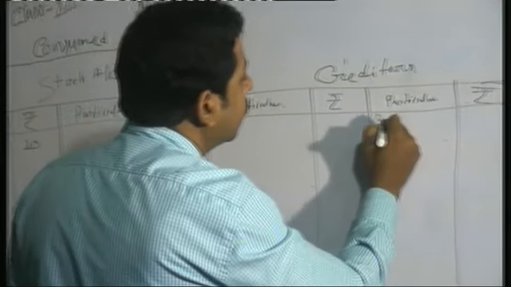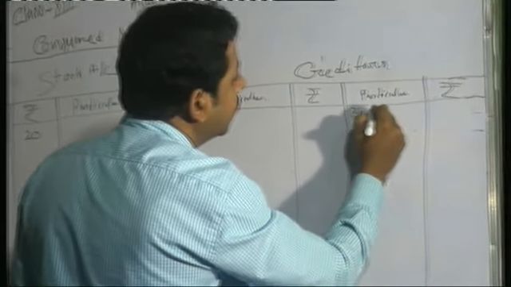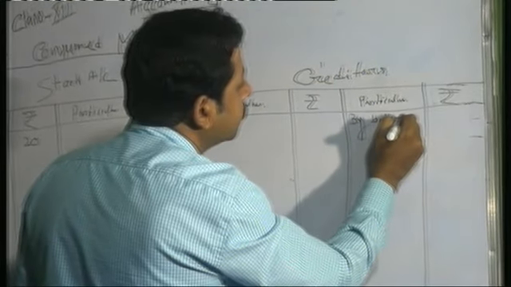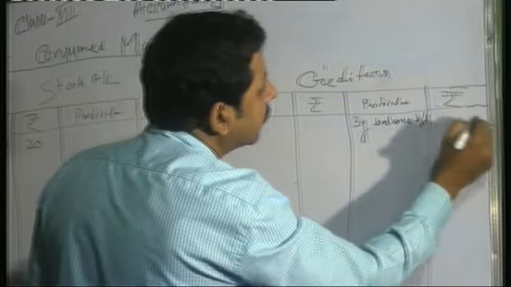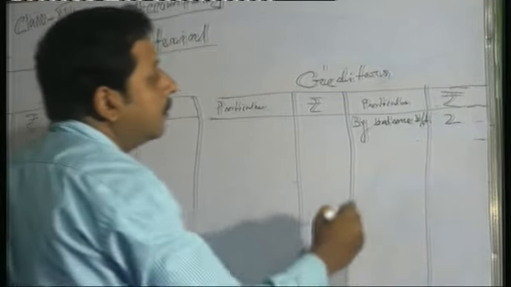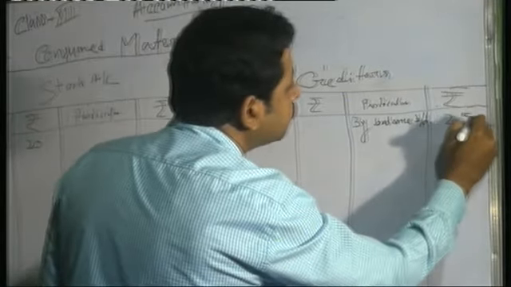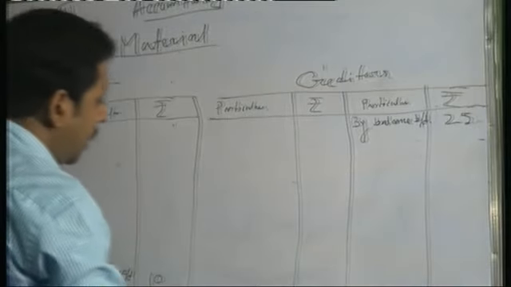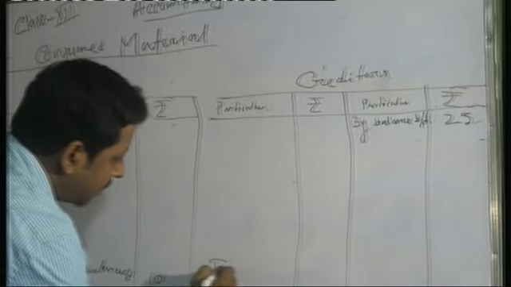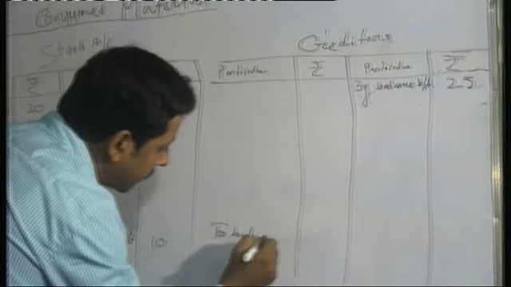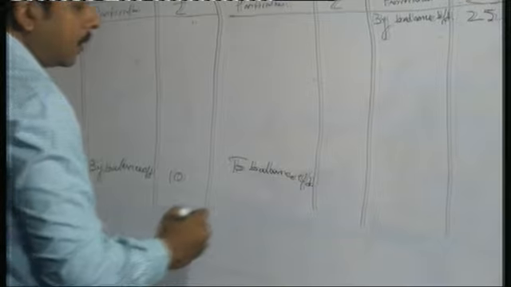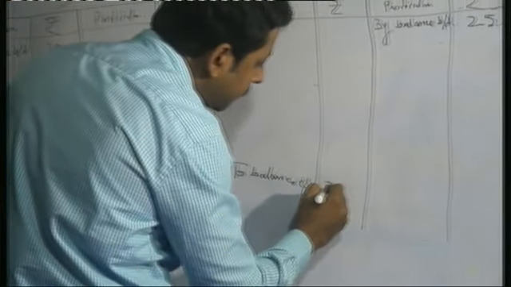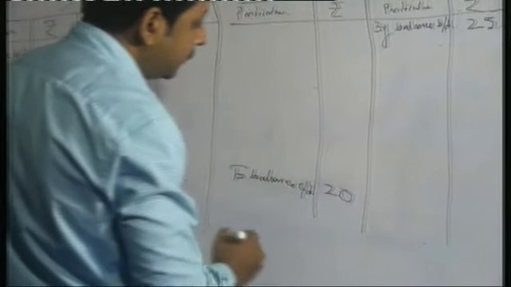So the opening balance will be on the credit side, by balance b/d. Suppose this is 25, and at the end of the day there is also a closing balance. Suppose the closing balance is 20.